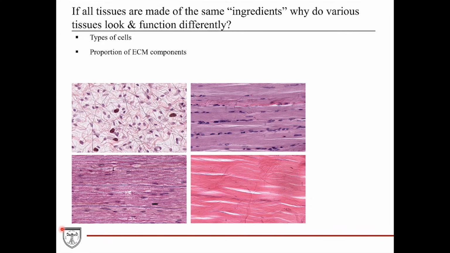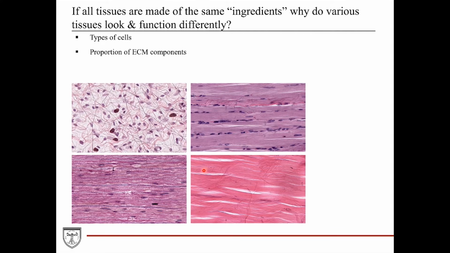Furthermore, the proportion of the ECM components that make up the tissue can also influence how they look and function so differently. So for example, on this one, this tissue is comprised mostly of this pink bundly ropes, the collagen fibers. So collagen fibers are the major ingredients of the ECM in this tissue.